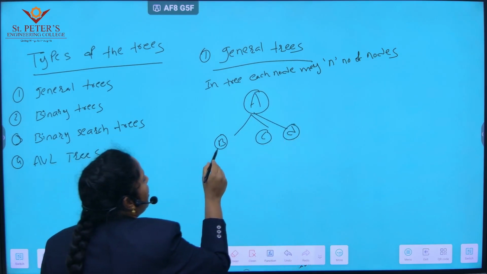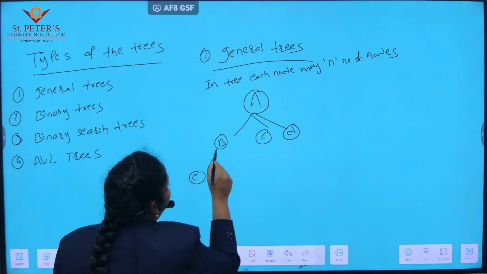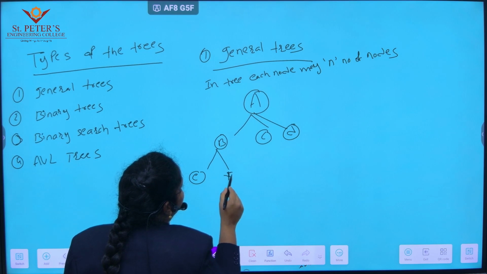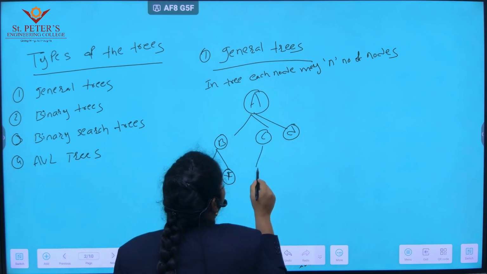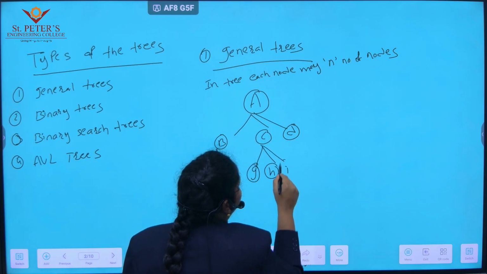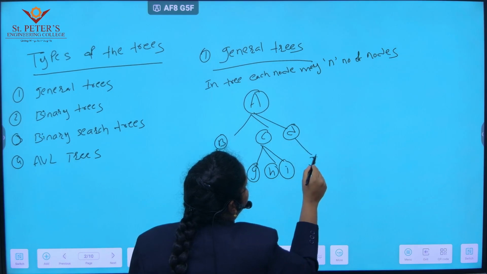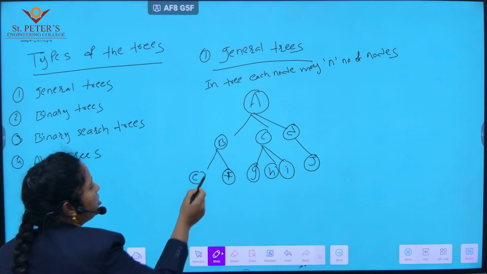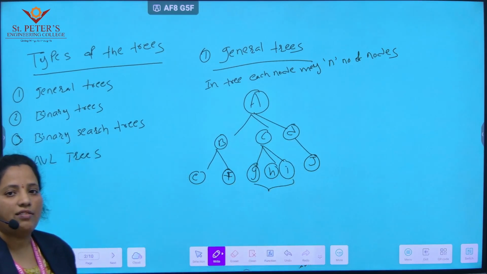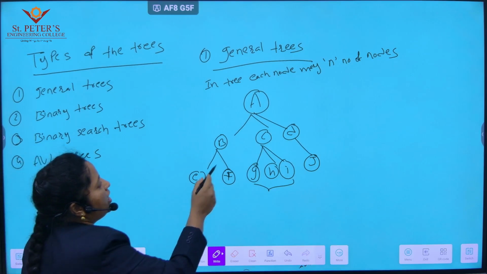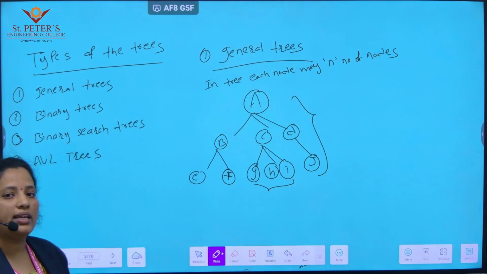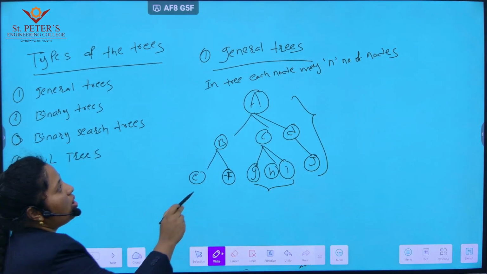B has 2 child nodes, C has 3 child nodes, and D has 1 child node. So this is a general tree diagram. General tree means in a tree, each and every node may contain any number of nodes. So that is called a general tree.